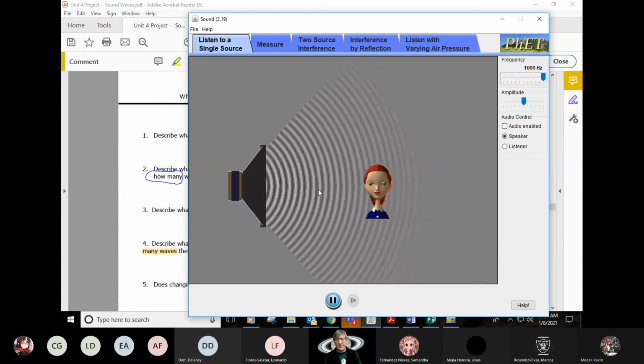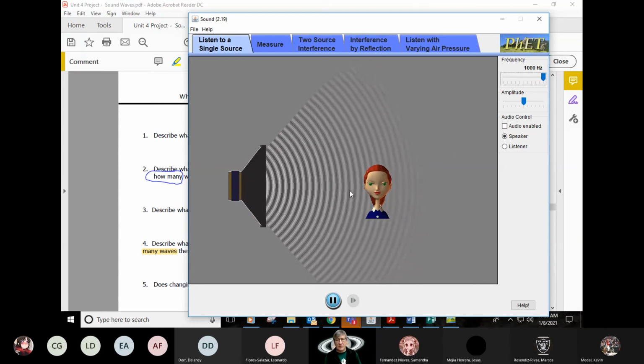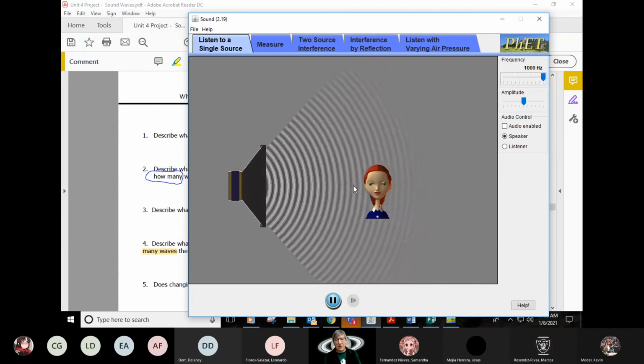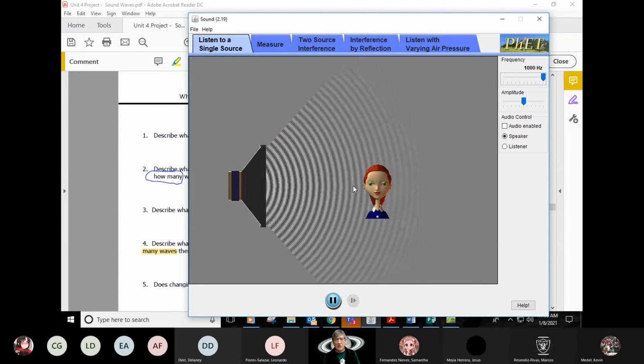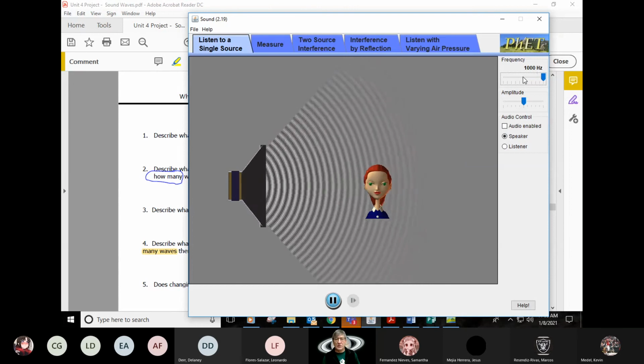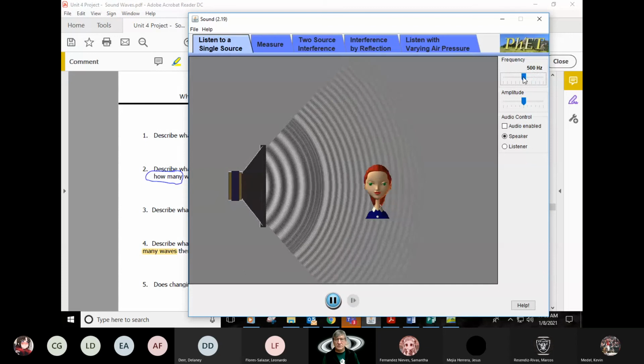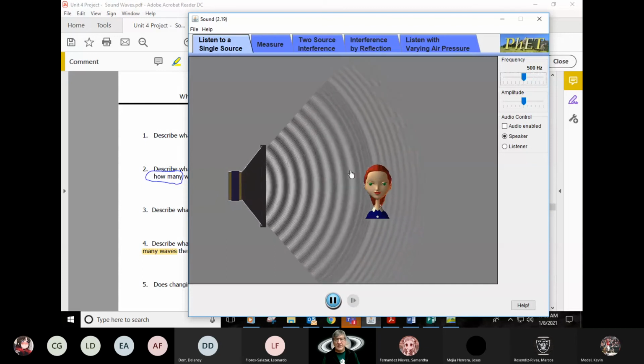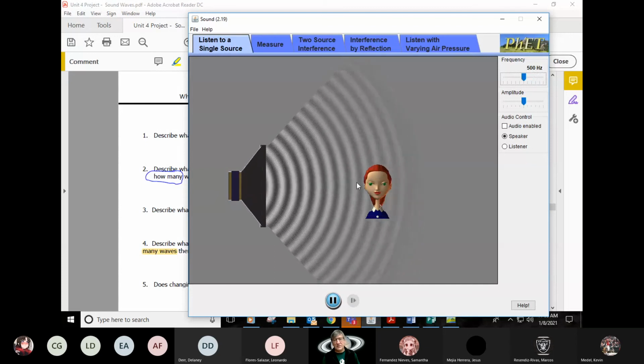What happened to their width? What happened to how many of them there are? How fast is that speaker pulsing? Taking it back down to 500. Right? Can you see that there's fewer waves, but they're wider?